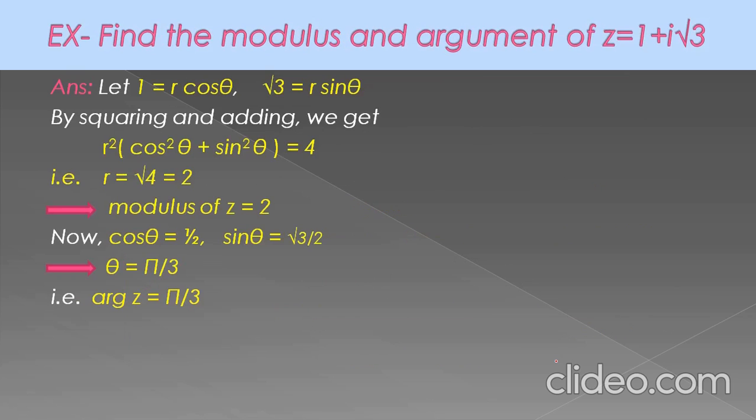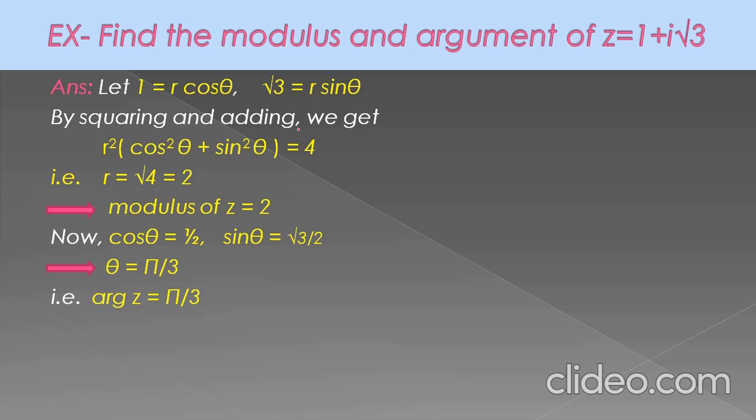Next, we consider this example: find the modulus and argument of z equal to 1 plus iota under root 3. We will understand the modulus and argument by this example. Here the real part is 1, so we put 1 equal to r cos theta, and we know y equal to r sin theta, so here under root 3 is equal to r sin theta.